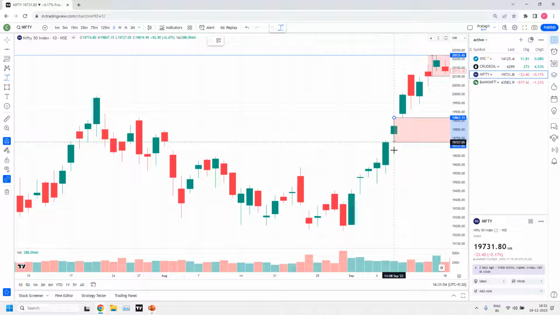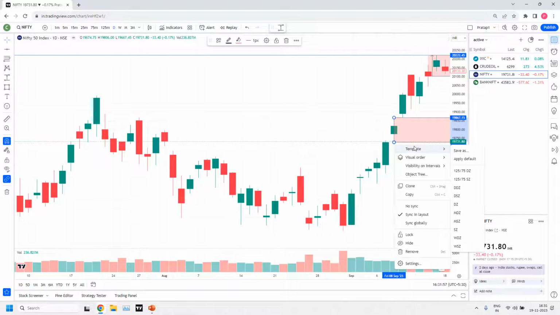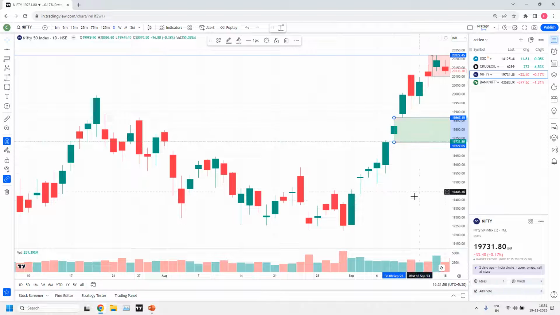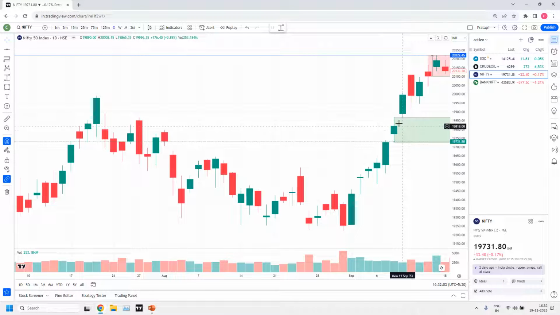Here we have a demand zone. Let me change the color. So this is the demand zone. We have a rally, base, rally. And we have another demand zone. We have a rally, 3 base candles and rally.